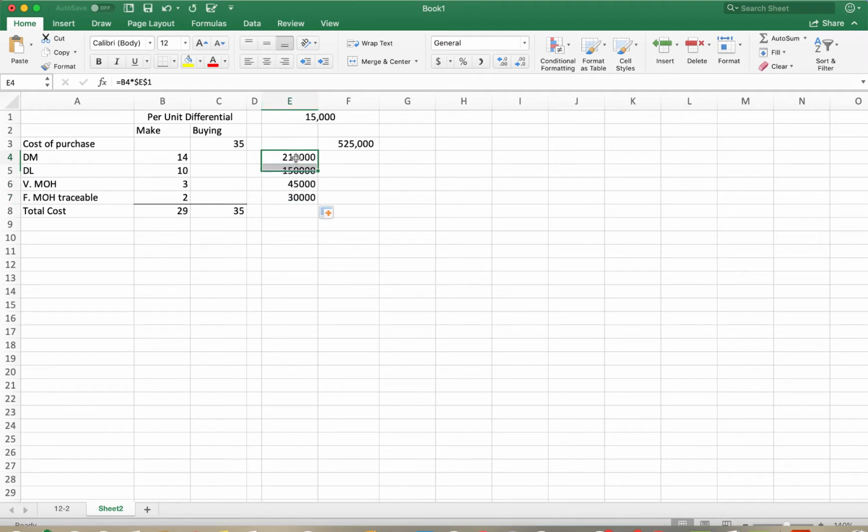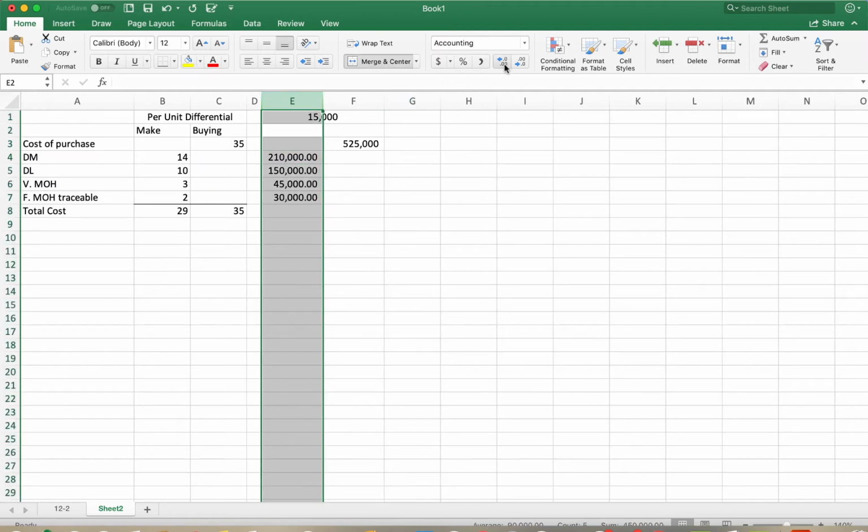If you notice what I did here, I locked in that key E1, so every time I click and drag, it's going to go over to the make per unit differential cost and multiply it by the 15,000. So just kind of a neat thing that Excel can do.